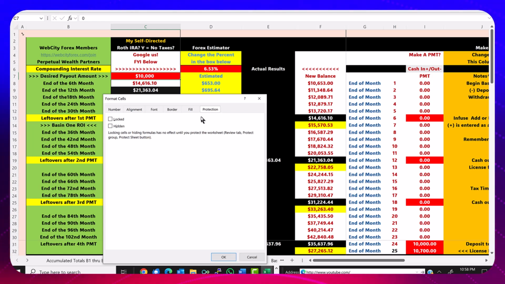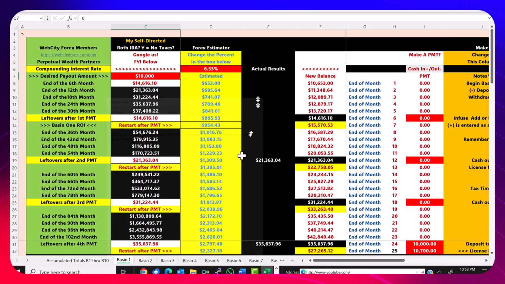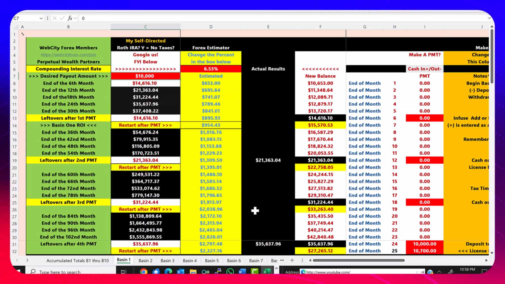No, it's not protected. So why can't I edit that cell? Can I edit this one? Yep. Probably won't let me do it for some reason.